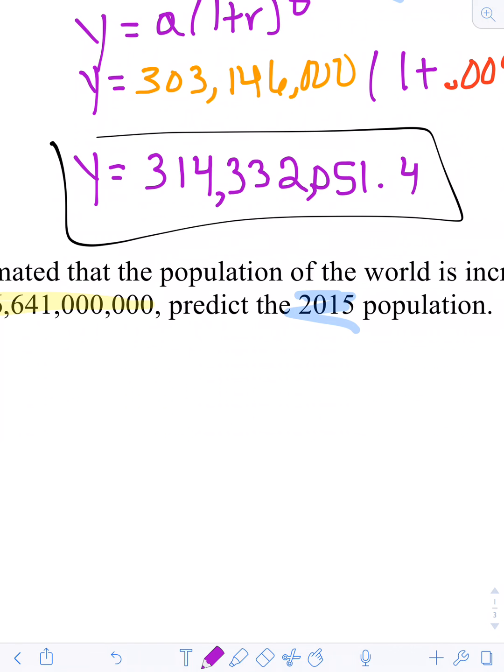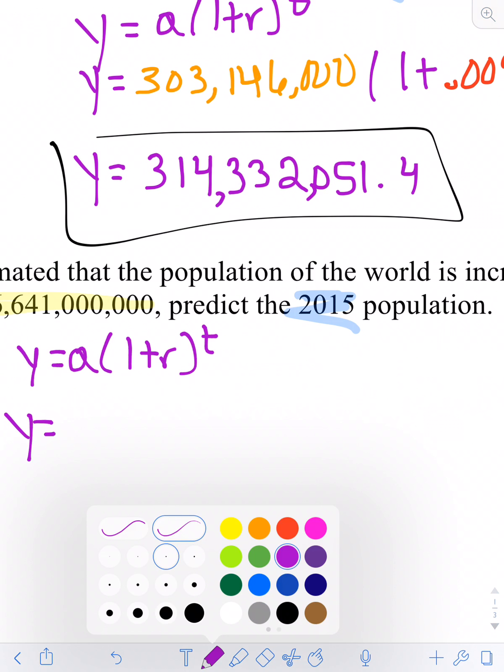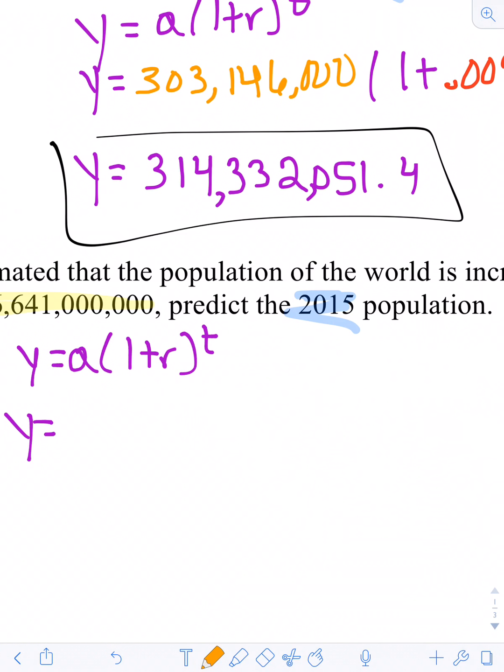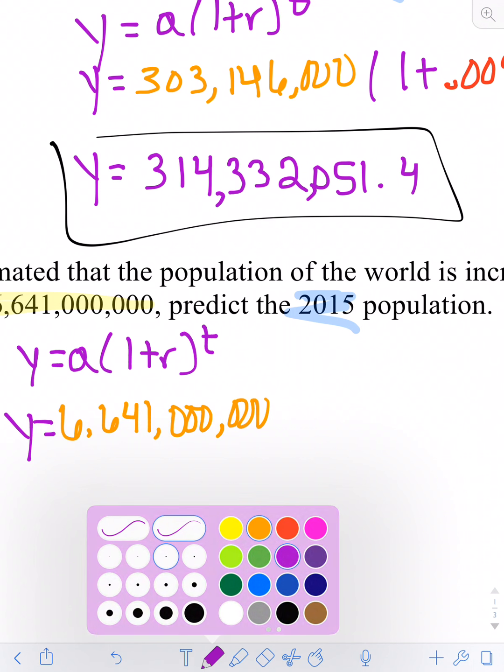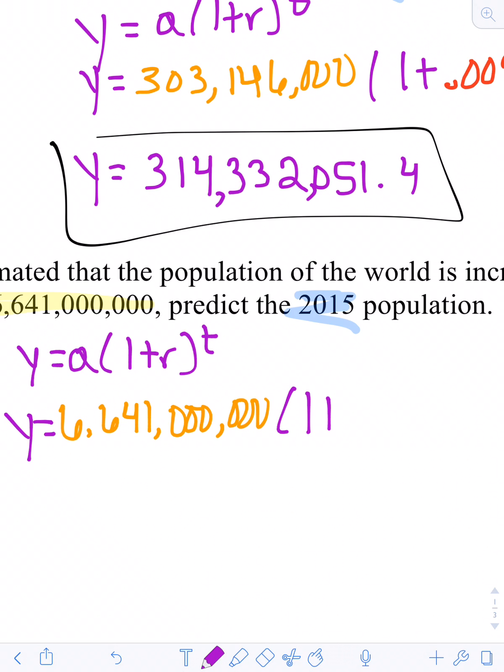So I'm going to write my equation. My equation is y equals a times 1 plus r to the power of t. So we have y equals my initial value, which I'm going to write in orange, 6,641,000,000. Parentheses 1 plus my rate.